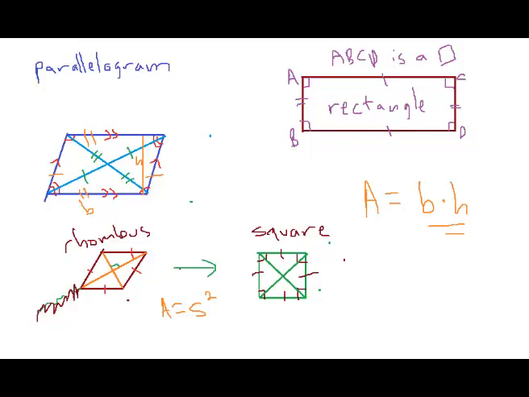And finally, I've got one more type of quadrilateral, four-sided figure that I would like to introduce to you, and that is the trapezoid, which I'm going to bring to you as soon as I can draw a straight line.